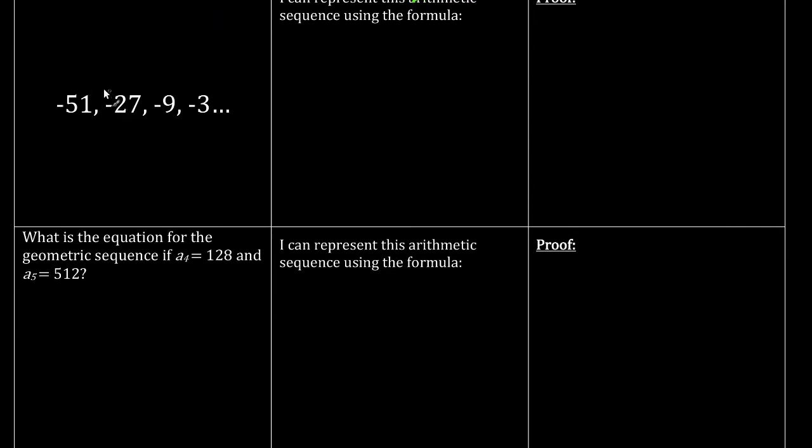Now, let's look at this one. You're probably not going to know what you're going to multiply by. So if we don't know, then we divide going backwards. Negative 27 divided by negative 51. I'll take my phone calculator because I know that's what a lot of you are probably going to be doing.